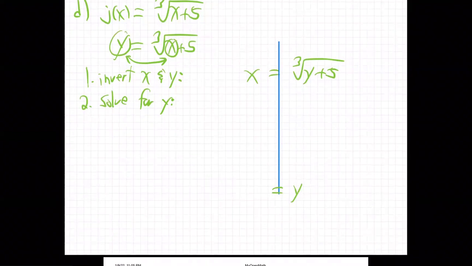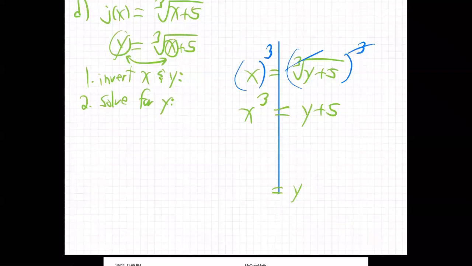So how do you get Y alone? You do third power, because powers are the opposites of roots. That makes sense? Powers are the opposites of roots. So if you got a third power, do a third root. You got a third root, do a third power. And they will cancel each other out. So that'll just become Y plus 5, no more root, equals X cubed. Does that make sense? Roots and powers are the opposites of each other. They cancel each other out.